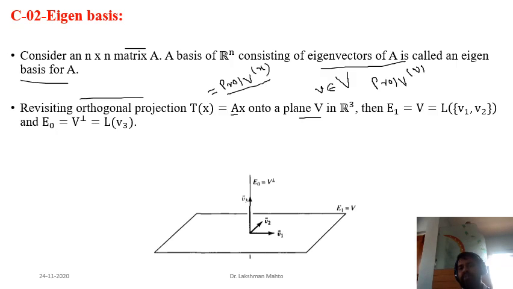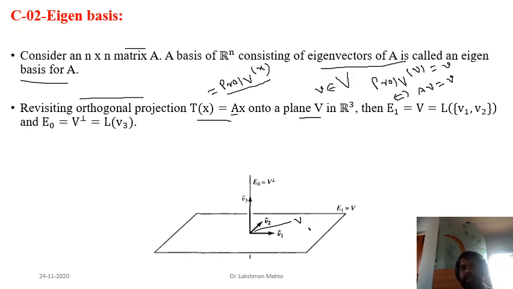So it simply says that V is an eigenvector. That means the relation is projection matrix times V equals V. So if you take any vector on this plane, call it V, this V plays the role of an eigenvector for the given projection transformation or projection matrix.